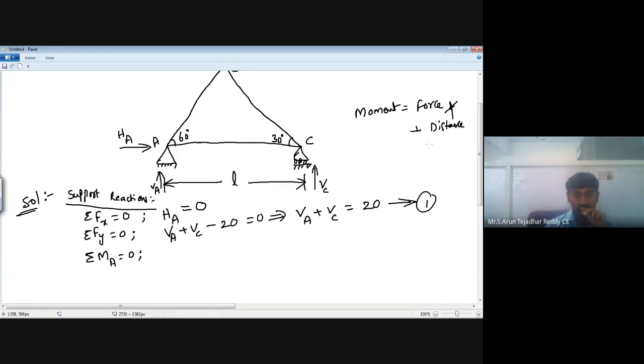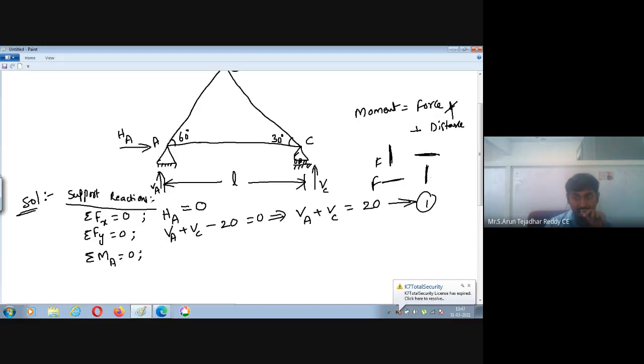Perpendicular distance means, suppose your force is in the vertical direction, then your distance will be horizontal. If the force is in the horizontal direction, the perpendicular distance is in the vertical direction.